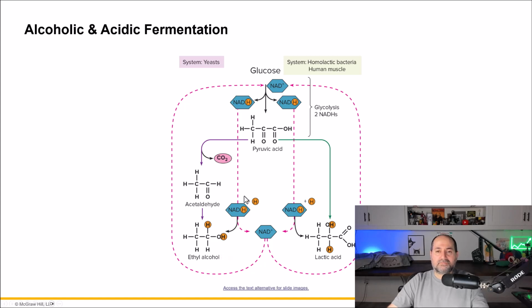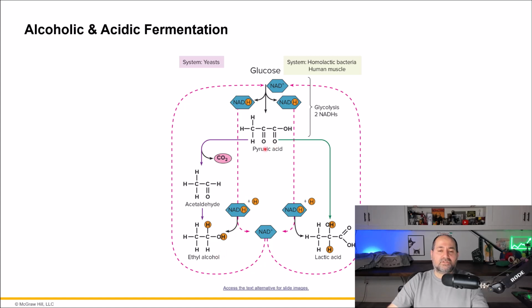Isn't that interesting? However, in you and me, in humans, that pyruvic acid or pyruvate is directly reduced to lactic acid. See, you and I produce lactic acid from pyruvate, whereas yeast produce alcohol from pyruvate.